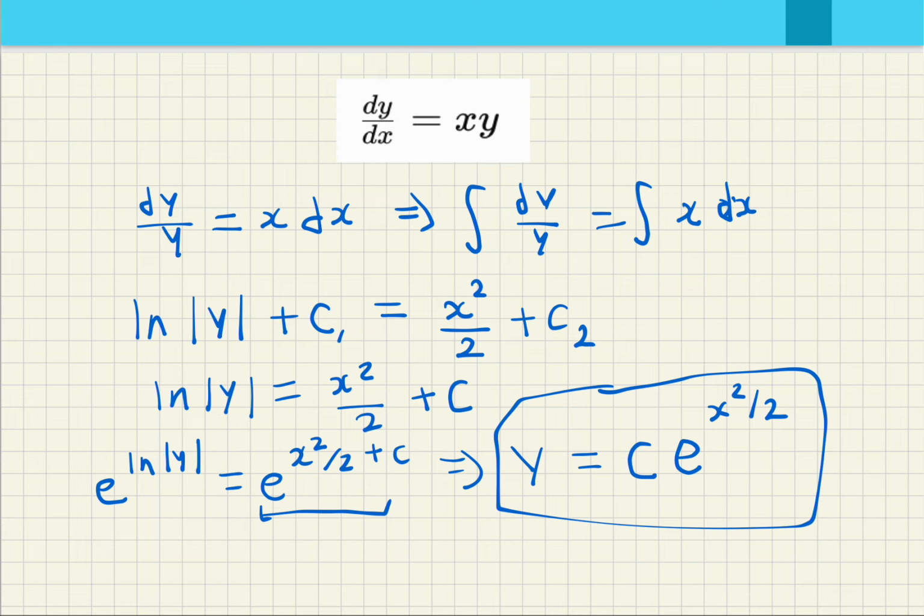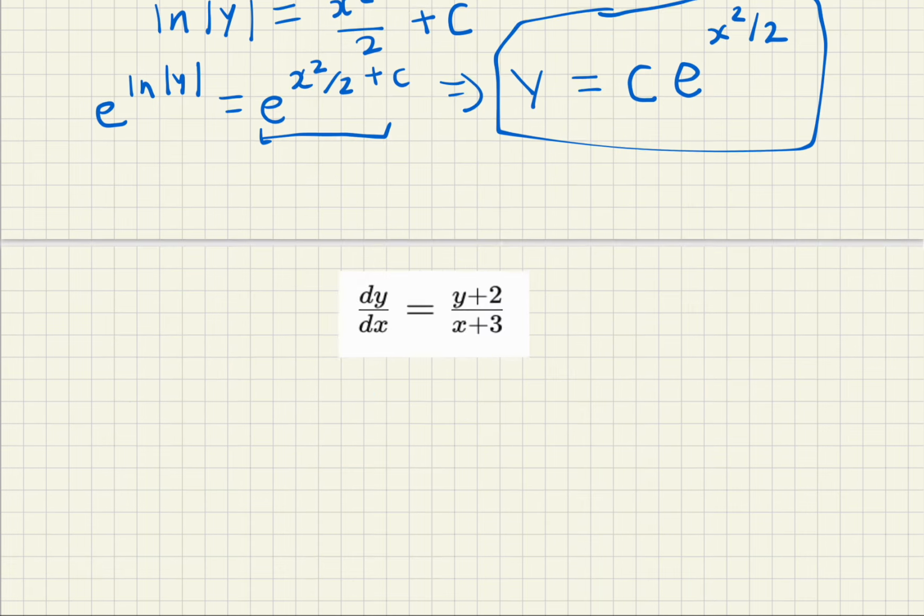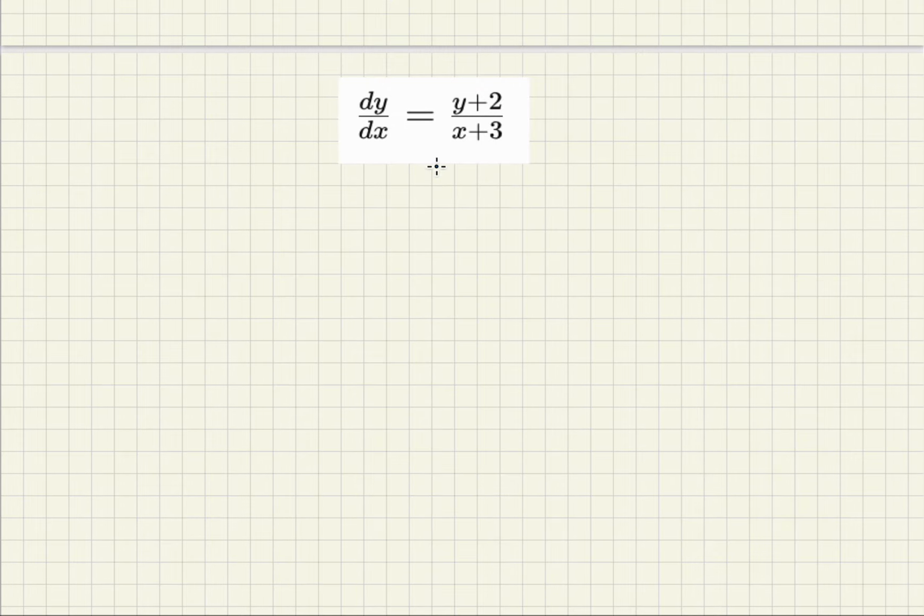But it does get harder, and that's mainly due to what equation is given to you. Gradually the questions will get harder. For this question, what we can do is first cross multiply: x plus 3 times dy equals y plus 2 dx.